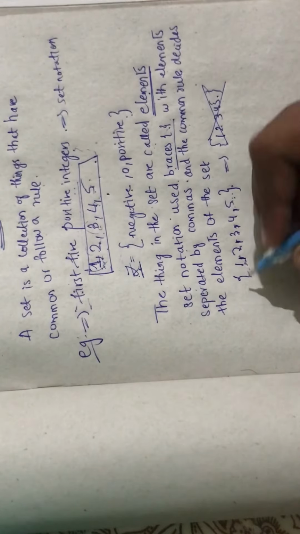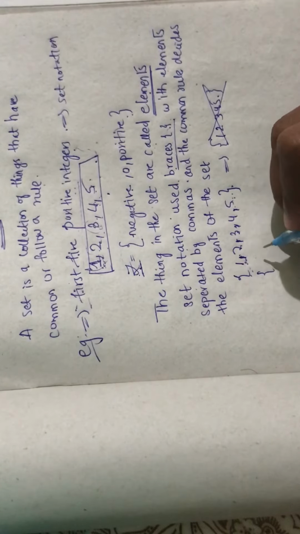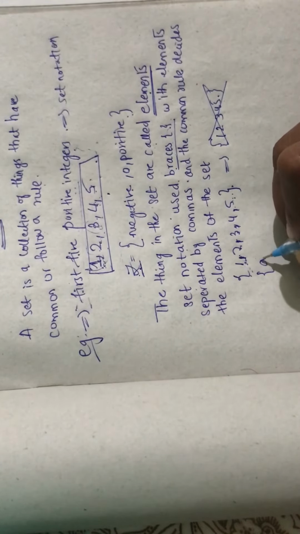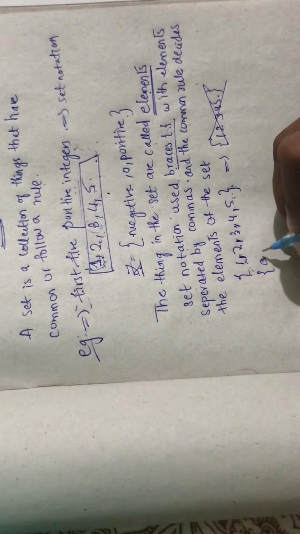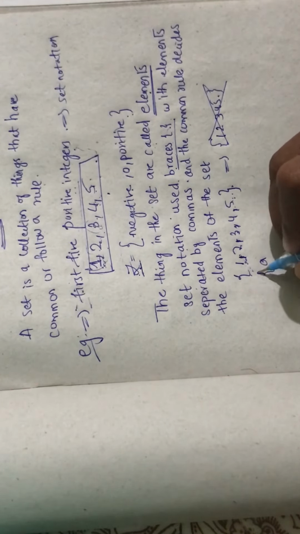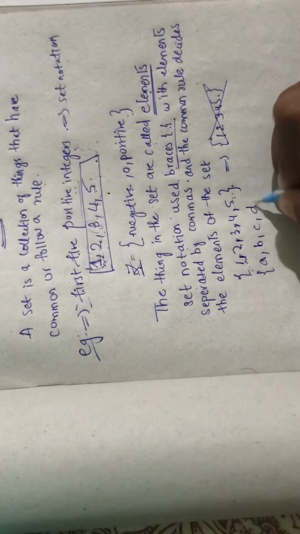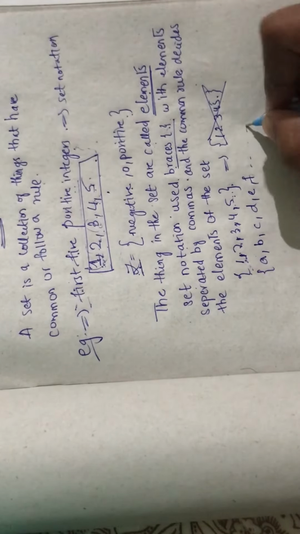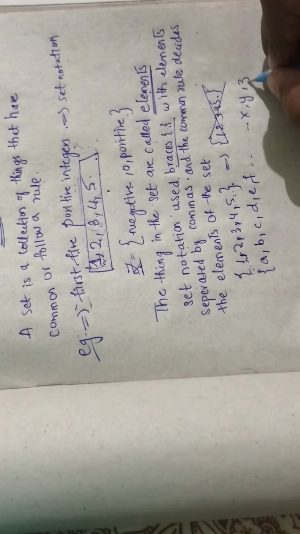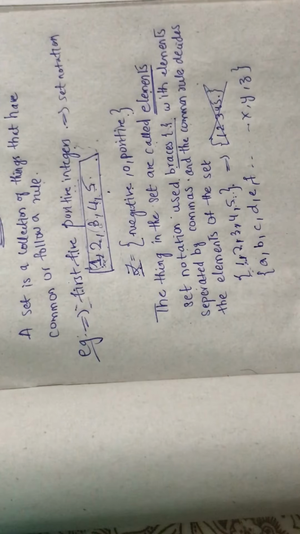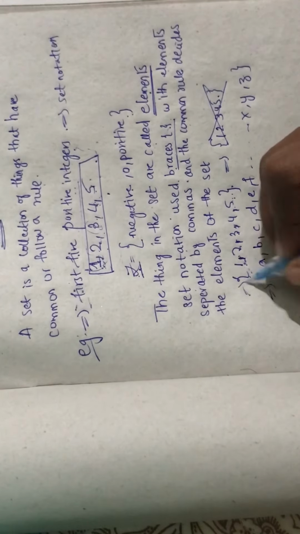For example, if they ask for the alphabets in English, either capital or small, you have to represent them using braces. Open the brace, then A, B, C, D, E, F and so on, X, Y, Z. Until Z you have to write. This is the way of representing sets.